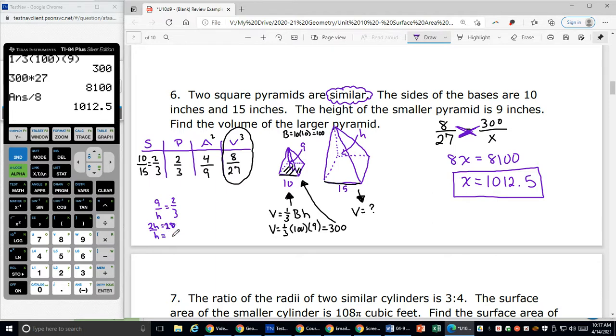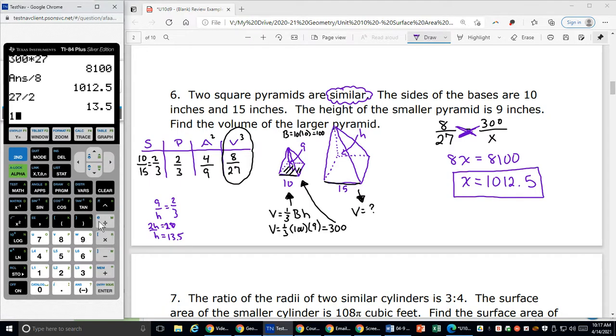So my h, when I divide by 2, 27 divided by 2 would give me 13.5. And then I could have said, okay, 1/3 times the area of this base, 15 times 15, times the height, we just said is 13.5, gives me, oh, look, the exact same volume.